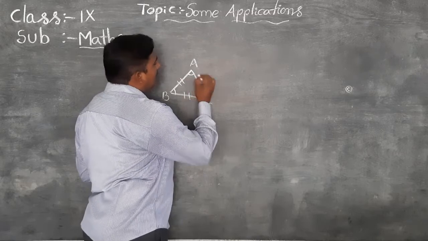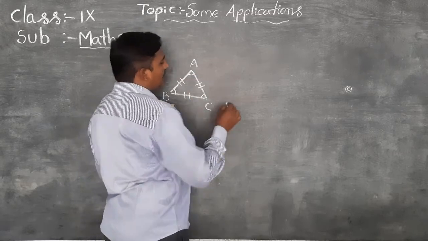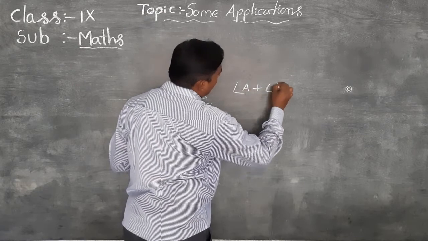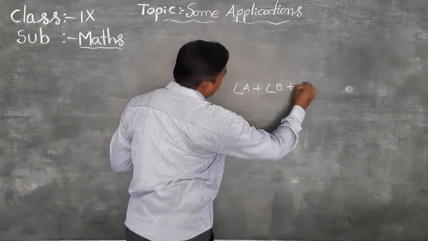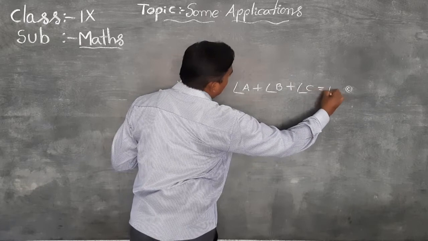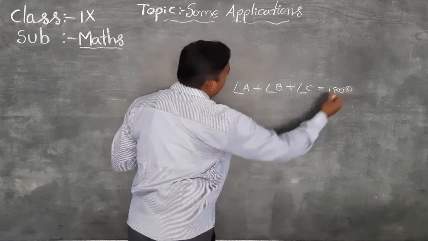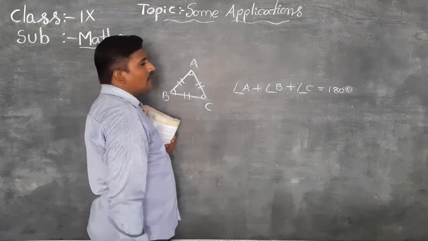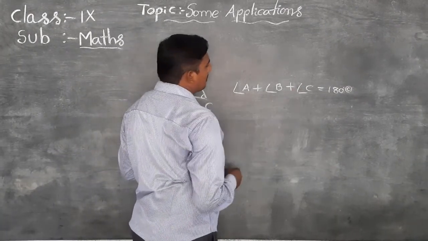Then for the angles, angle A plus angle B plus angle C is equal to 180 degrees. In a triangle, the sum of three angles is equal to the supplementary angle, which means 180 degrees.